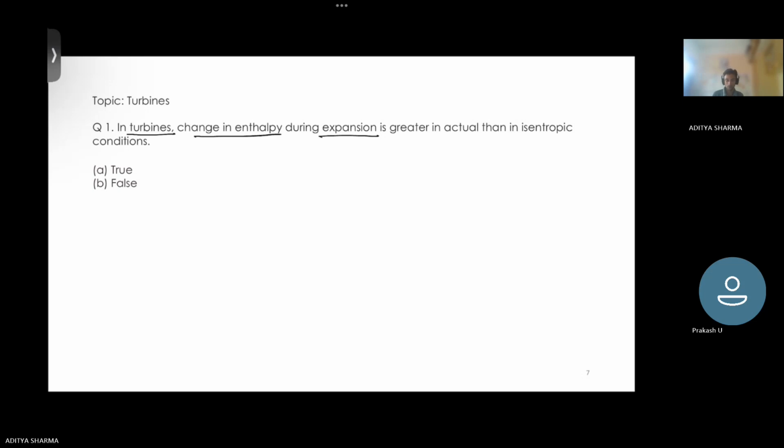Yes, that is true. Then it says the change in enthalpy is greater in actual than in isentropic condition. So whether this statement is true or false.